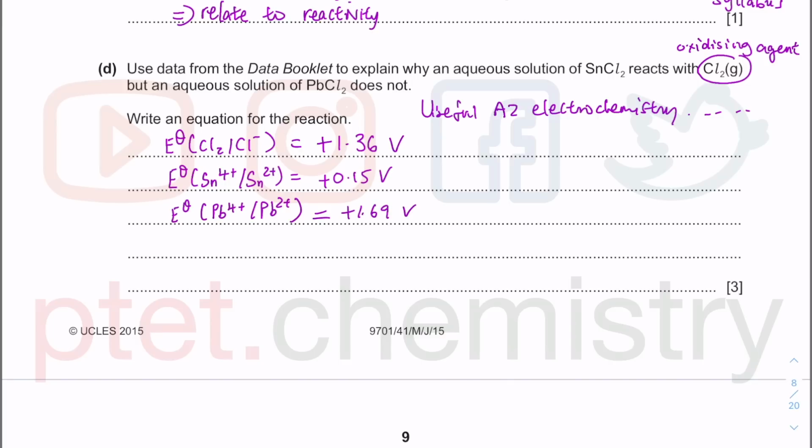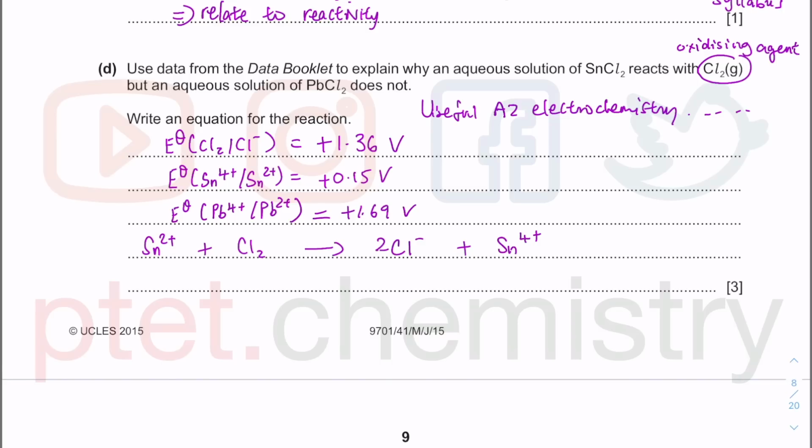So we are saying that there is a reaction between Sn2+ and Cl2. If we have a reaction between Sn2+ and Cl2, what we're going to get will be the Cl minus and the Sn4+. The Sn2+ will lose 2 electrons, and the Cl2 will gain the 2 electrons.